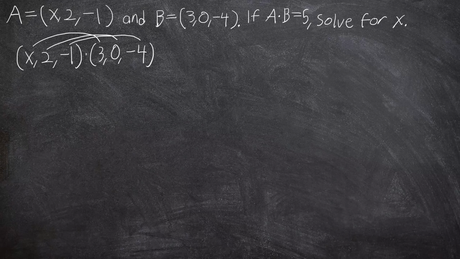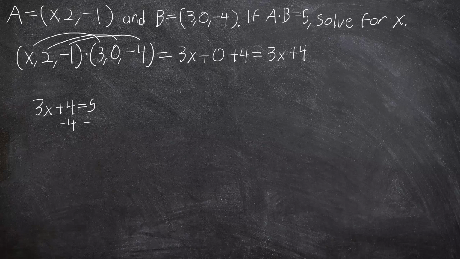x times 3, 3x. 2 times 0 is just simply 0. Negative 1 times negative 4 is positive 4. And this would equate to 3x plus 4. And now we want to set 3x plus 4 equal to 5.